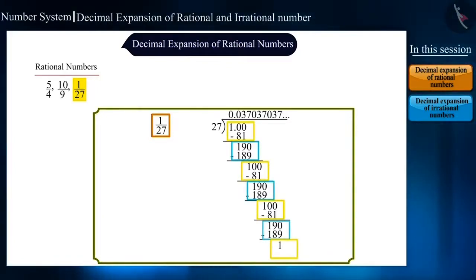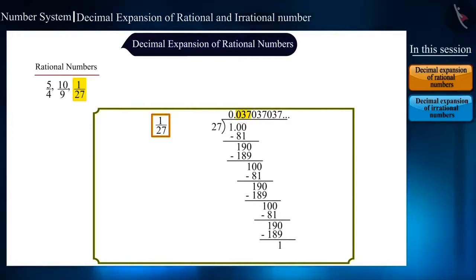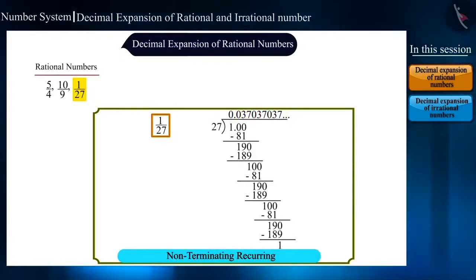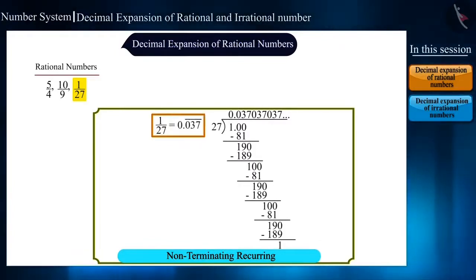If we solve this further, then the same 3 steps are being repeated. And now if we look at the quotient, then we realize that just like there is repetition in the remainder, there is a repetition of 037 group of digits in the quotient after the decimal point. So can we call this decimal expansion also non-terminating or recurring? Yes. And we will write it as 0.037 bar.